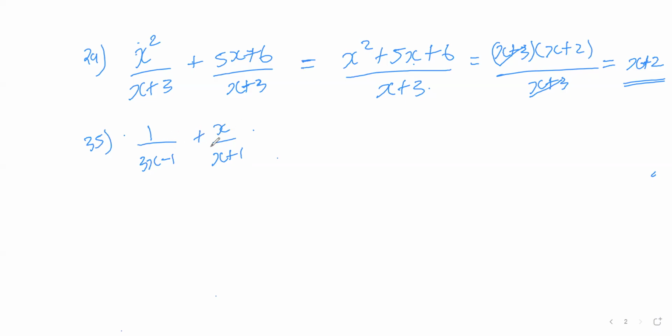So the first step towards adding fractions whose denominators are not the same is to find the LCD, lowest common denominator. So in this case, our LCD, by definition, I define my LCD as the product of all completely factored factors, right?